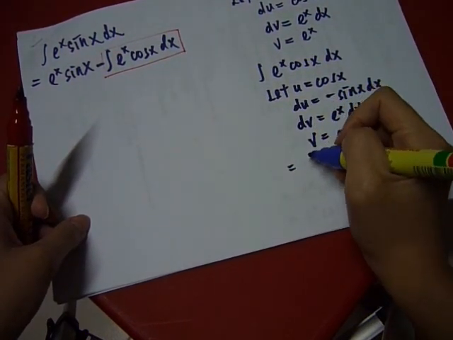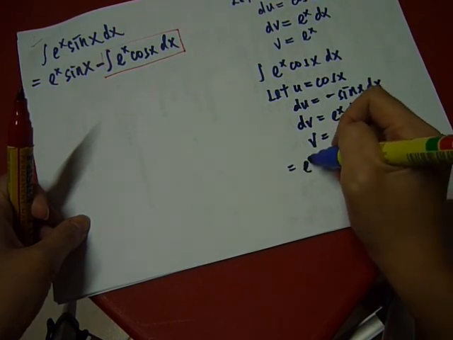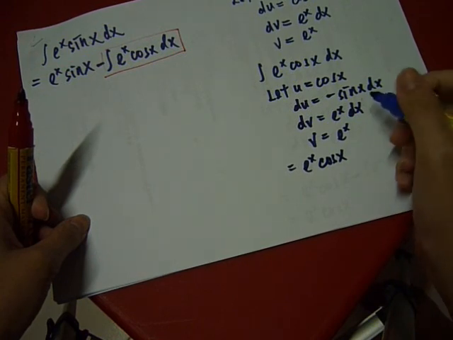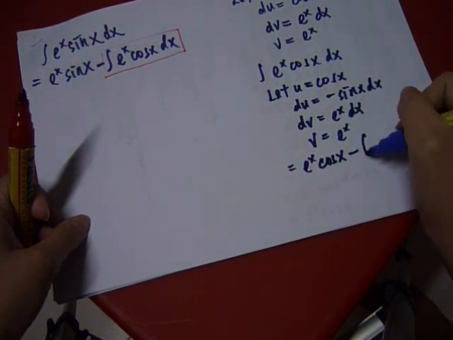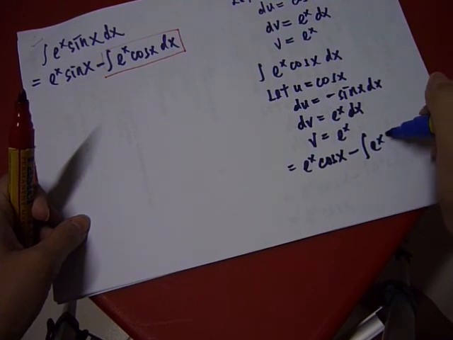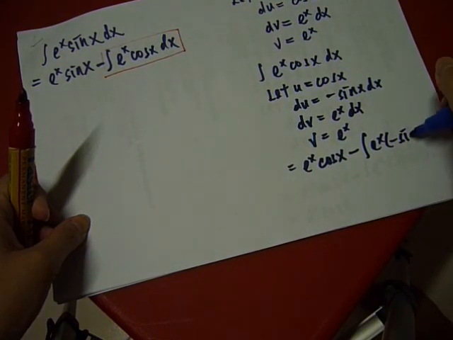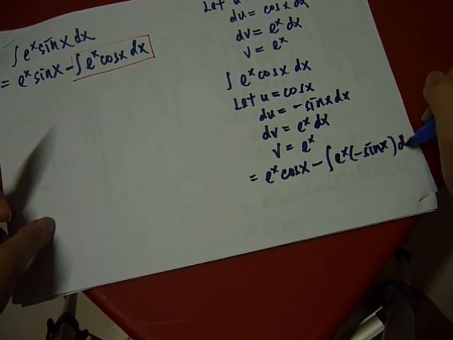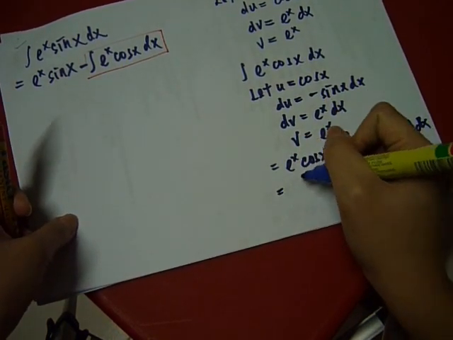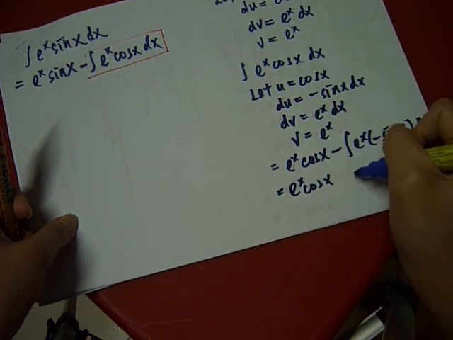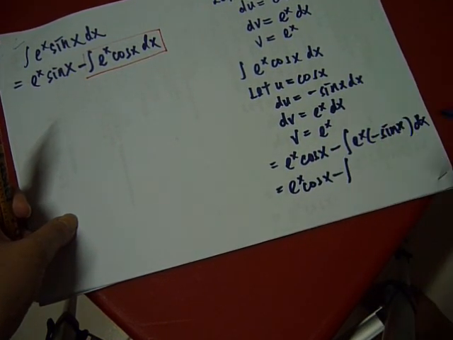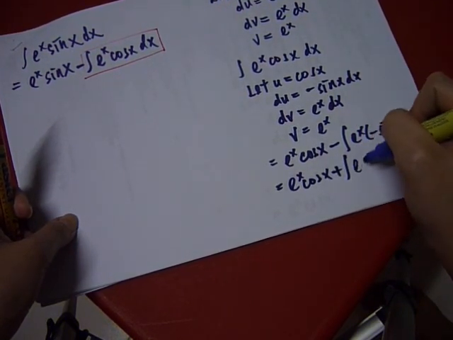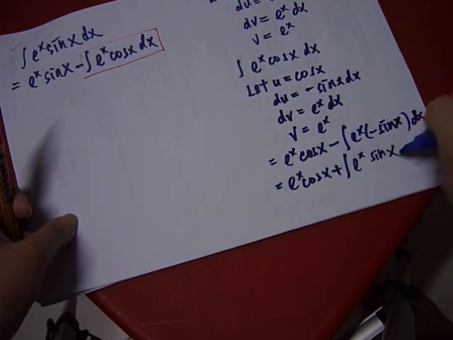Apply the formula, so it is equal to e^x cos x minus e^x bracket negative sine x dx, which is equal to e^x cos x minus integration plus integration e^x sine x dx.